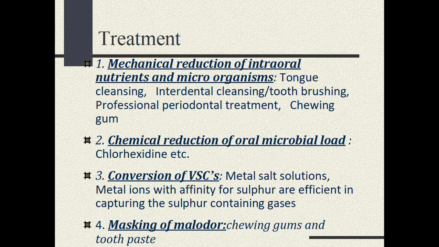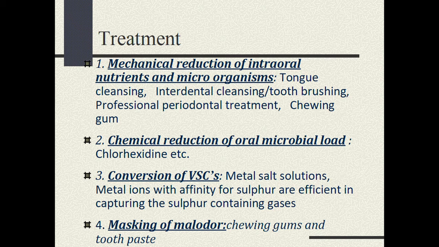In the treatment, 4 major points are: mechanical reduction of intraoral nutrient and microorganism, that is by tongue cleaning, interdental cleaning, toothbrushing, professional periodontal treatment and chewing gum. Next is chemical reduction of oral microbial load, that is by chlorhexidine or chemical plaque control.